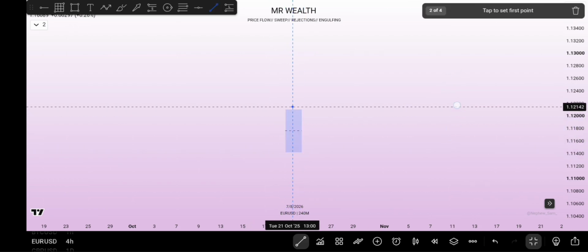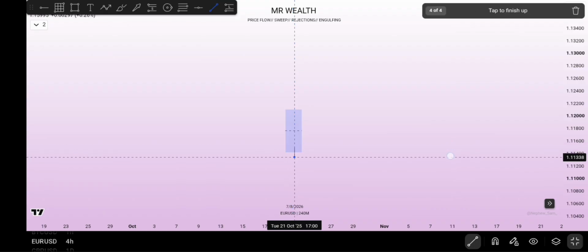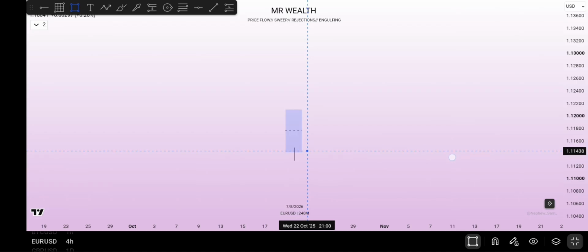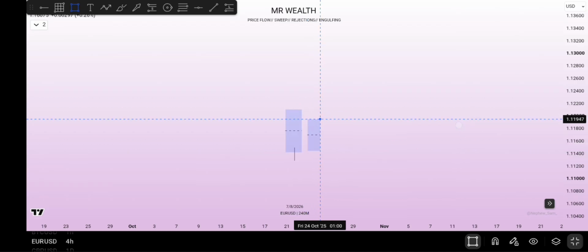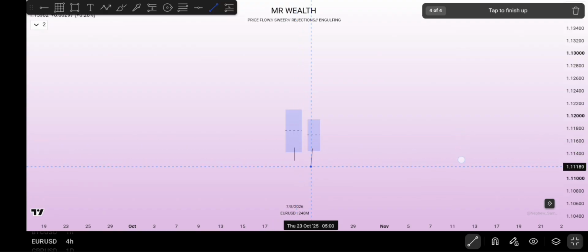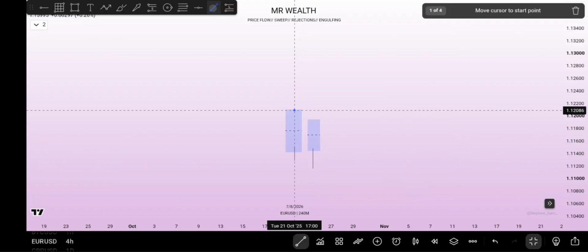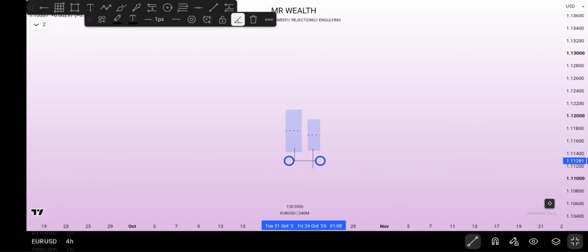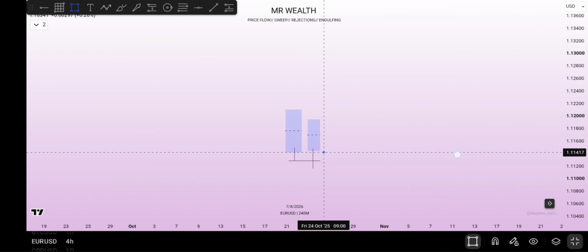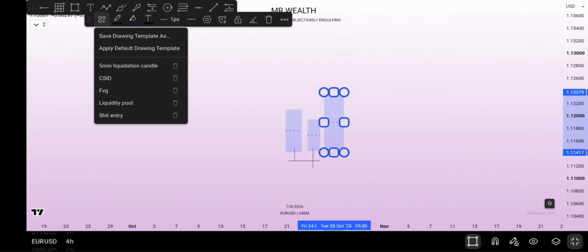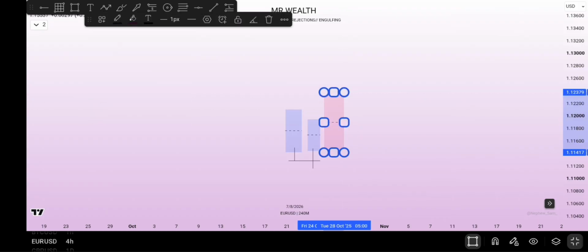We want to see a candle sweeping another candle, just like this, and then another candle engulfing it to the upside like this.